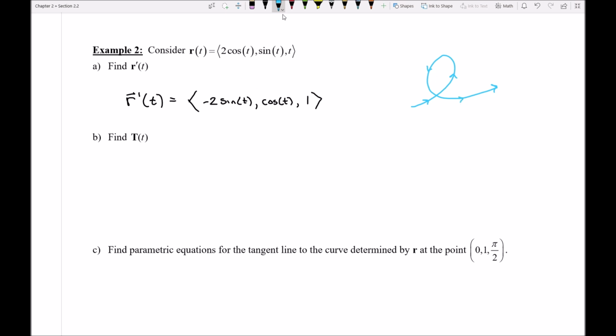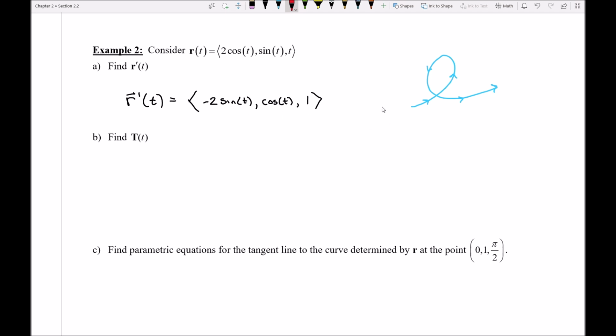Well, if I found r prime of t, what that tells me is tangent vectors on the curve. But notice that by itself right now, this isn't a vector. It's kind of like a formula to find vectors.